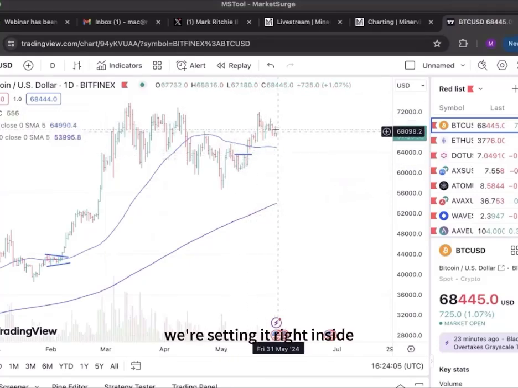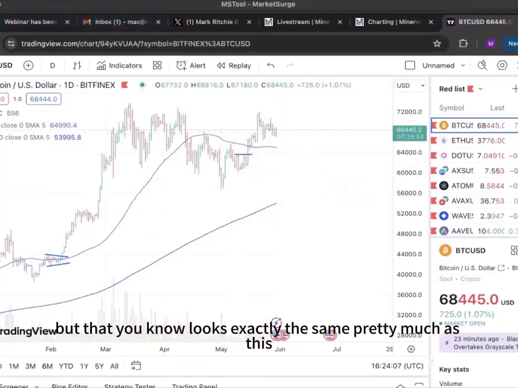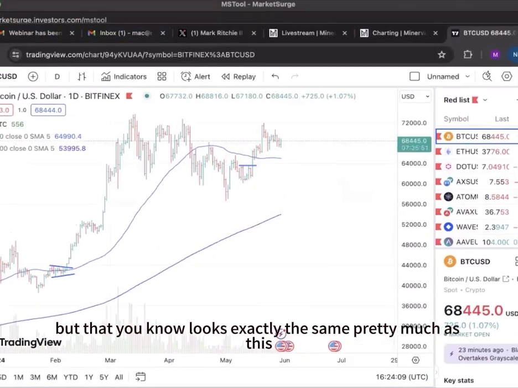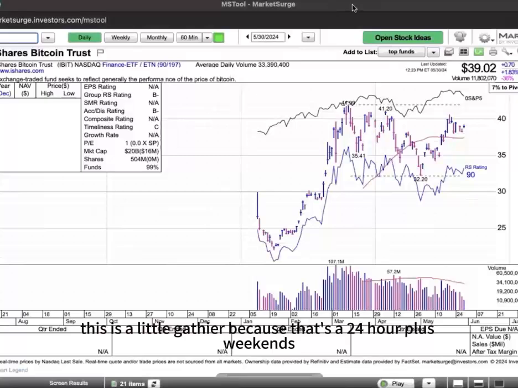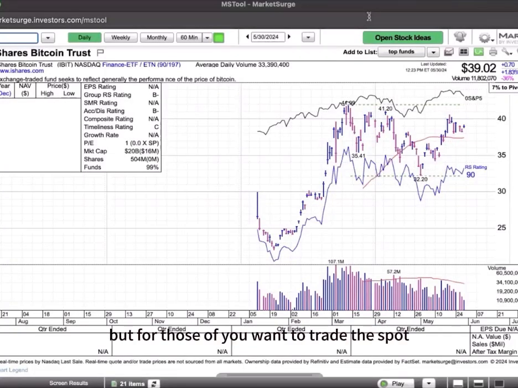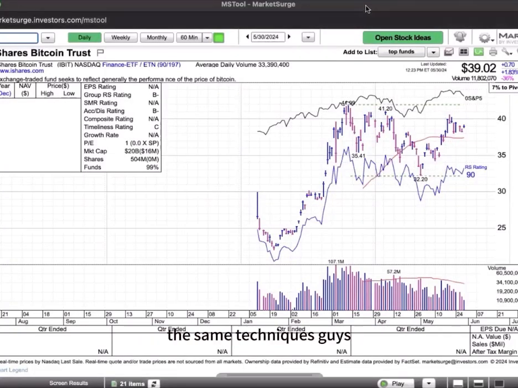And now you can see we're setting the right-hand side, but that looks pretty much exactly the same as this. This is a little gappier because that's 24 hours plus weekends. But for those of you who want to trade the spot, as I've said many, many times, the same techniques, guys. We're using the exact same techniques.